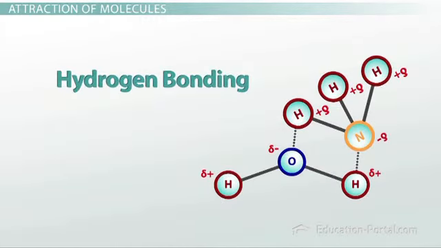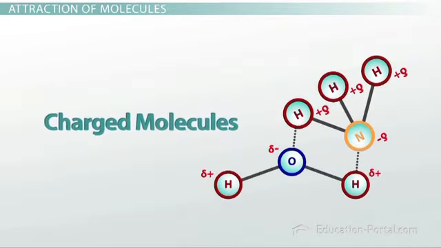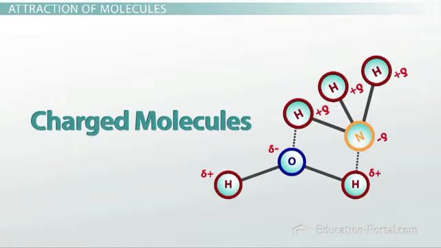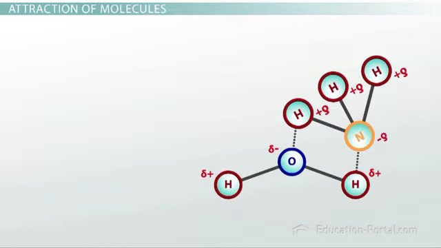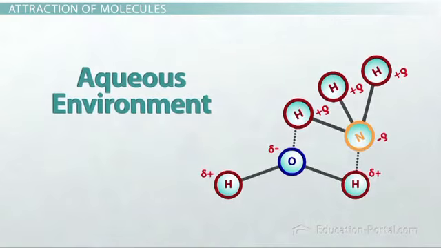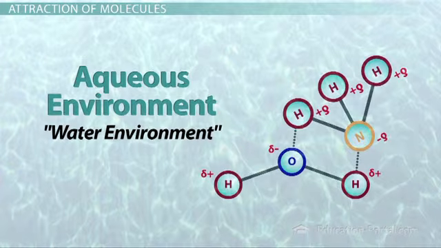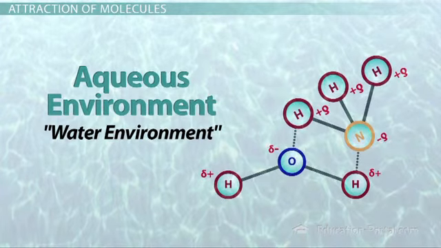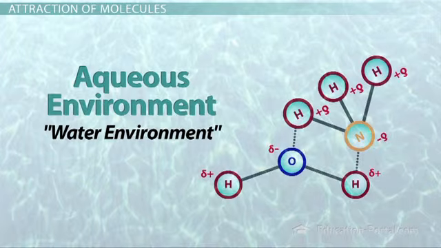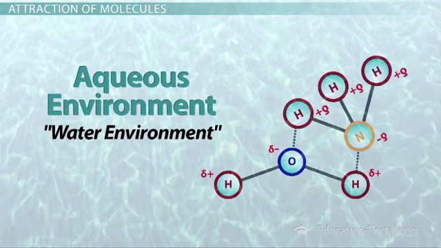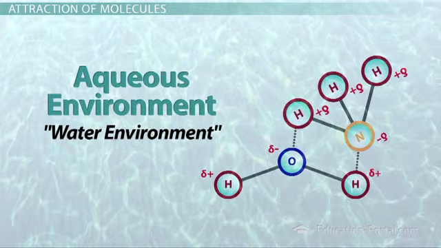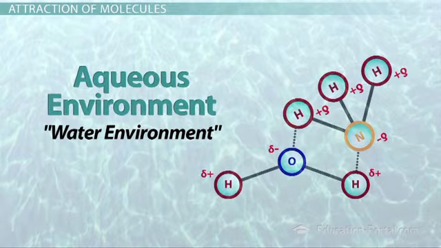This shows you how polar covalent and ionic, or basically charged, molecules can interact with each other. And in particular, this is also showing the importance of what's called an aqueous environment, which is just another way of saying a water environment. It's showing the importance that aqueous environments play in the way that molecules interact with each other. And this is going to be important biologically because a lot of our biological environments are actually aqueous.